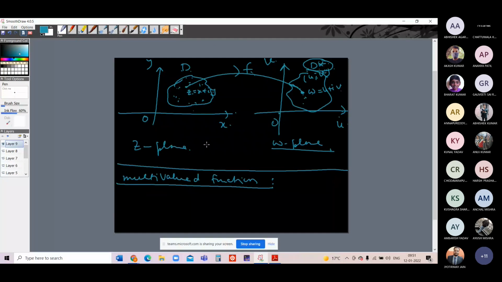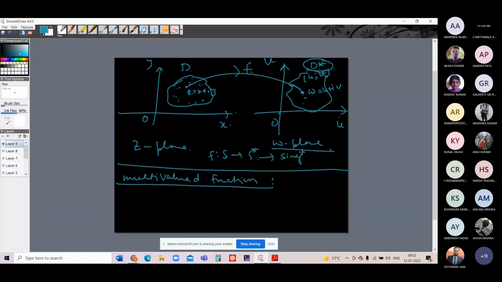Suppose that f is a function from S to S star, both sets of complex numbers. If for every z in this S we have a unique image f(z) in this S star, then we say that the function is single valued.